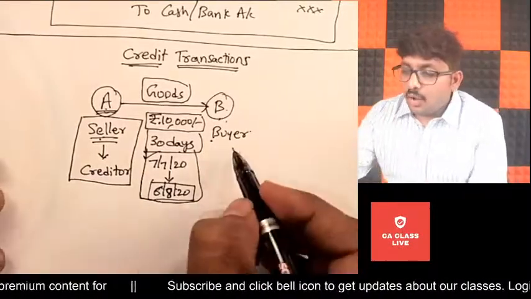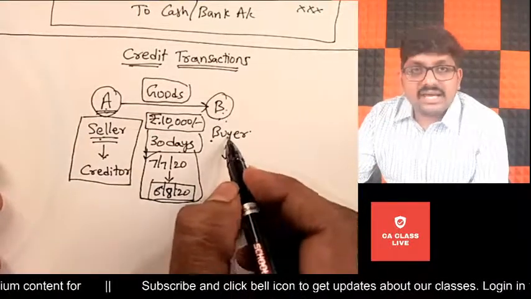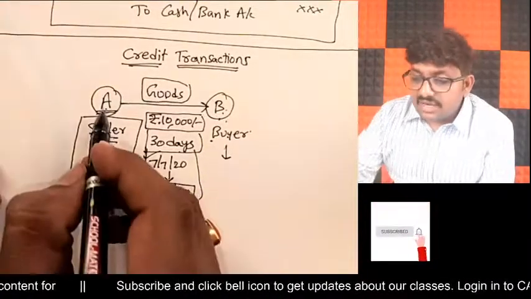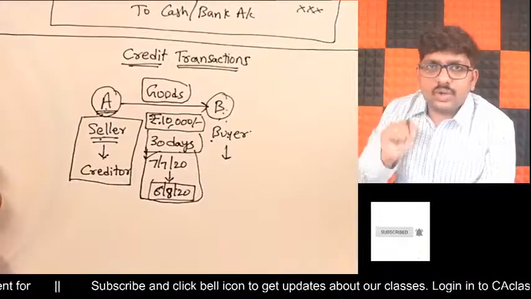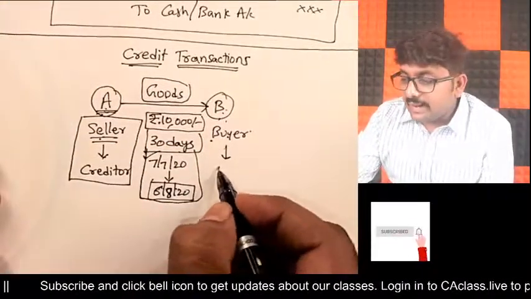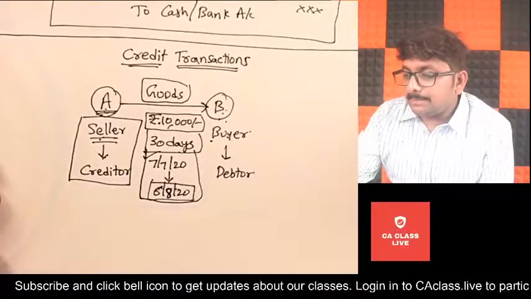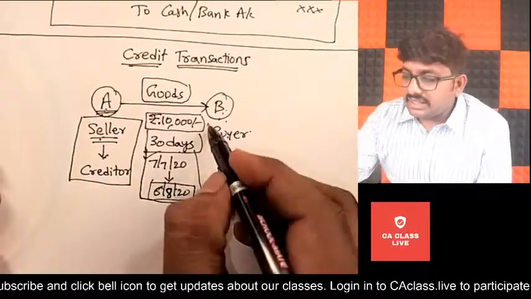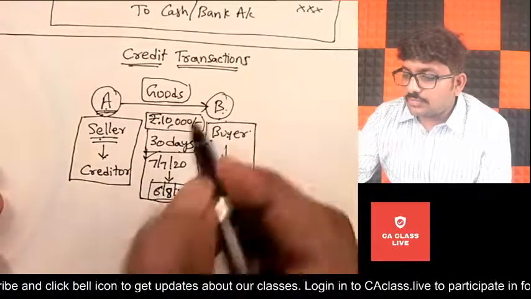Now, till now B is a buyer for A, not for you and me. Now that buyer will be renamed as debtor.